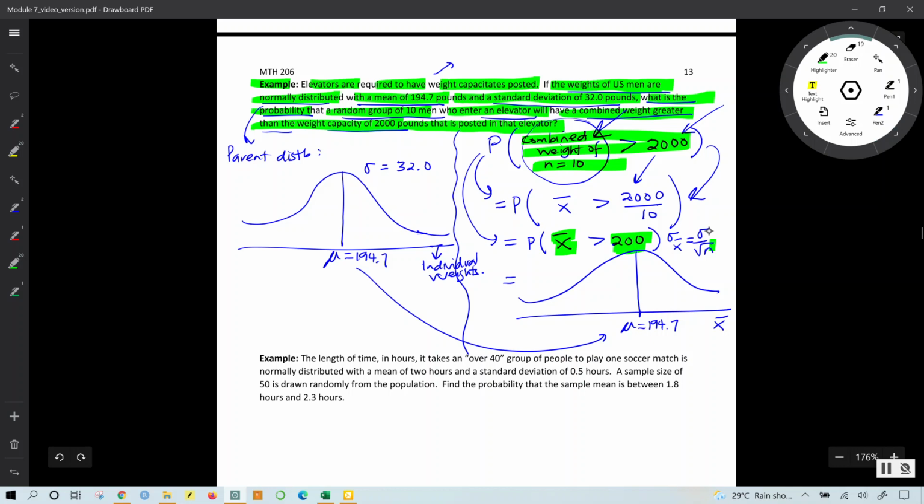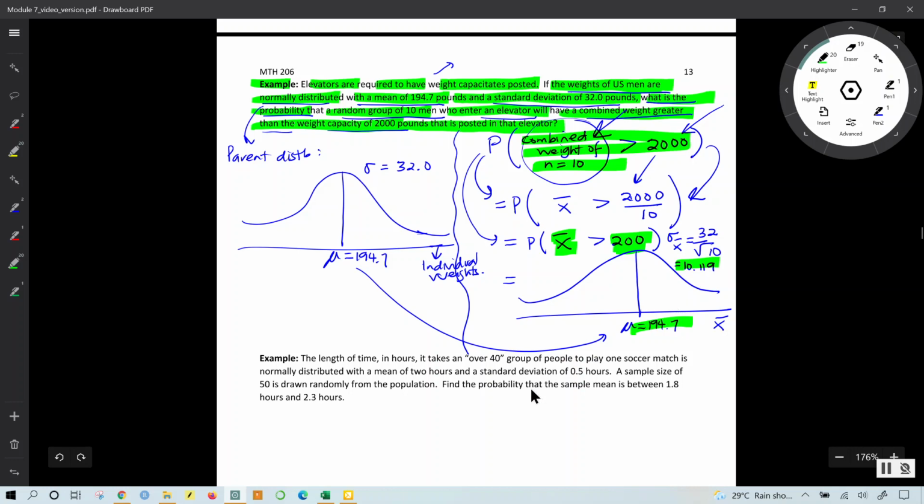The standard deviation was 32, and the sample size is all 10 men. So 32 divided by the square root of 10 is equal to 10.119.